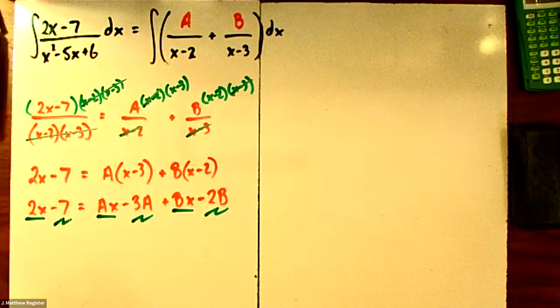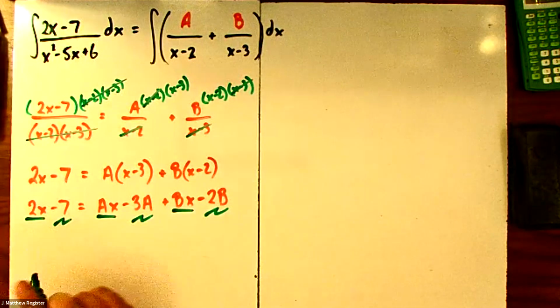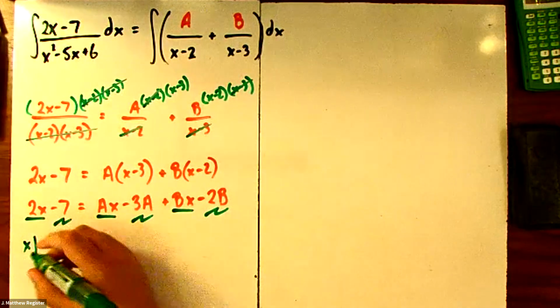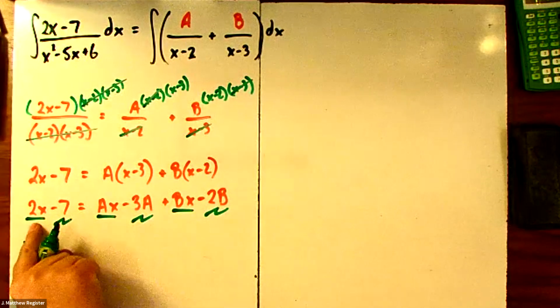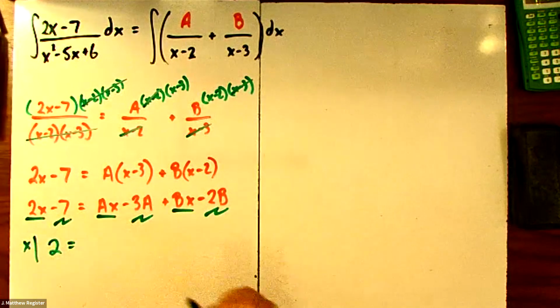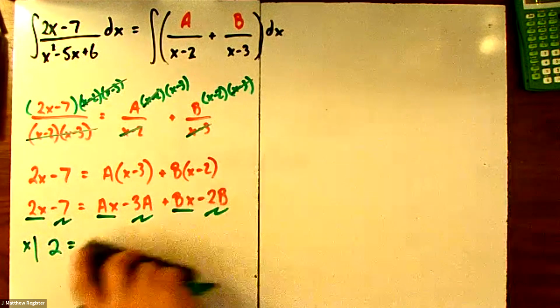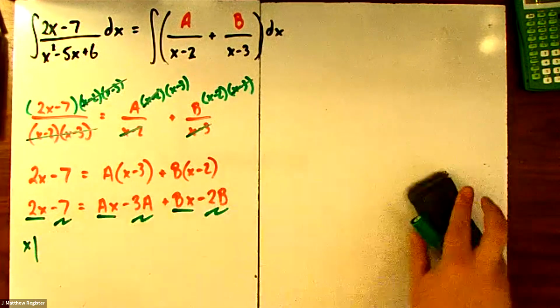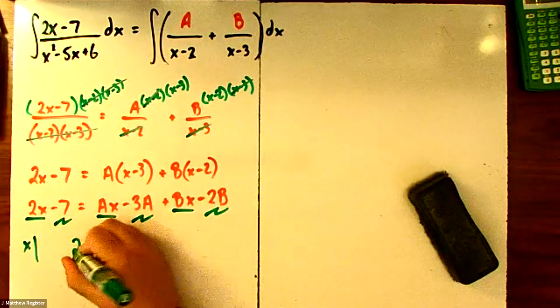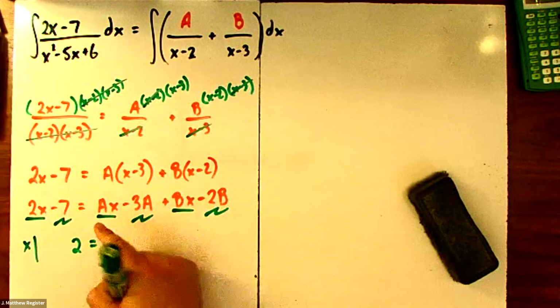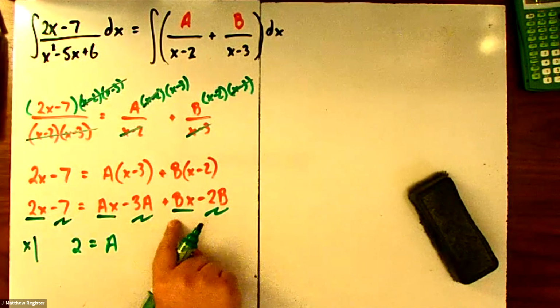If we just look at our x terms, 2x needs to be equal to ax plus bx.